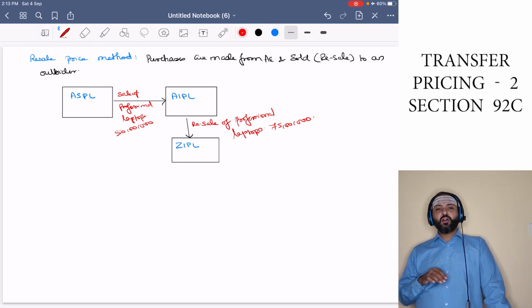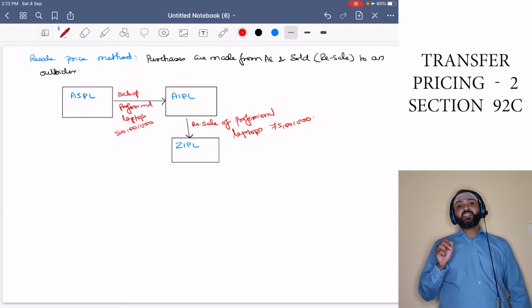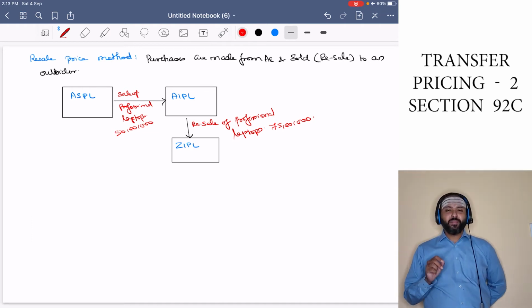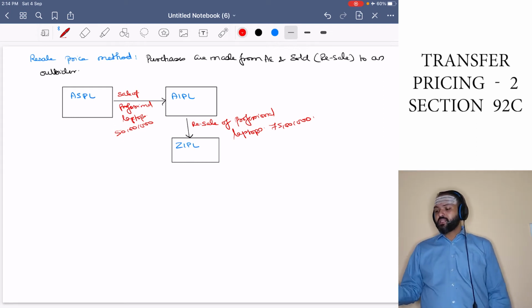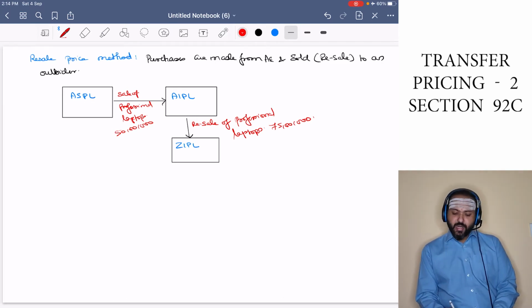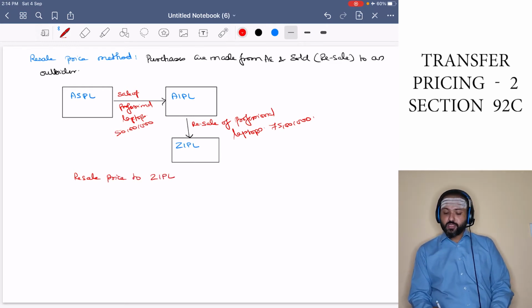Is there anything called an uncontrolled price here? Yes. The price at which they sell to Zebronics India Private Limited is an uncontrolled price because it is a third party, in no way related. So the price to Zebronics India is called the resale price. Resale price to Zebronics India Private Limited. How much is that? 75 lakhs.